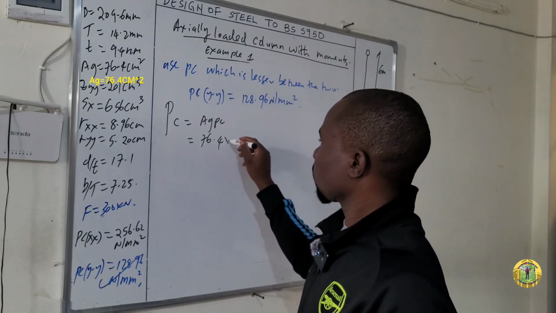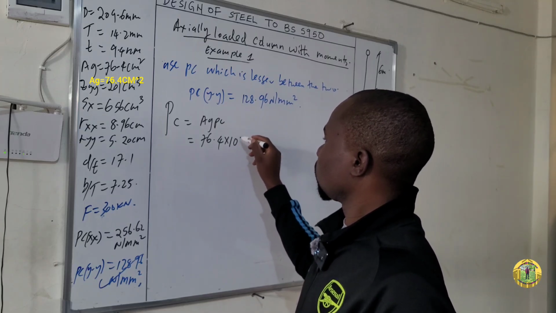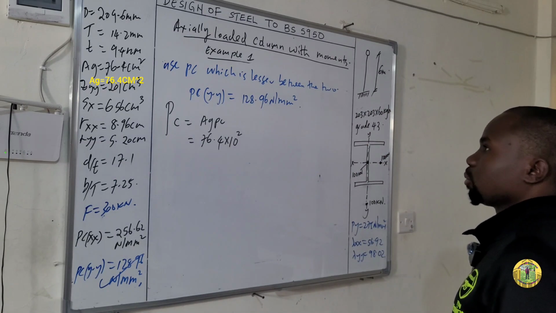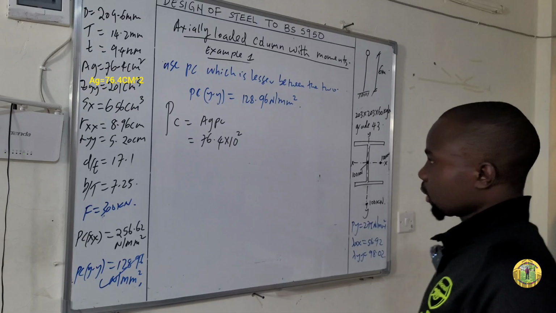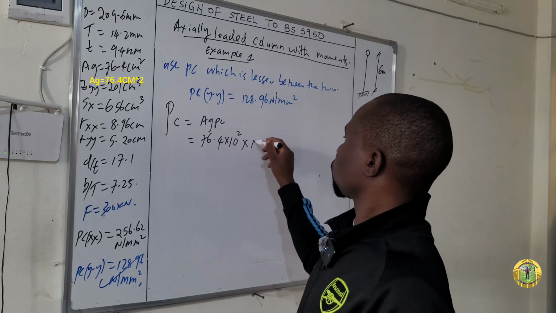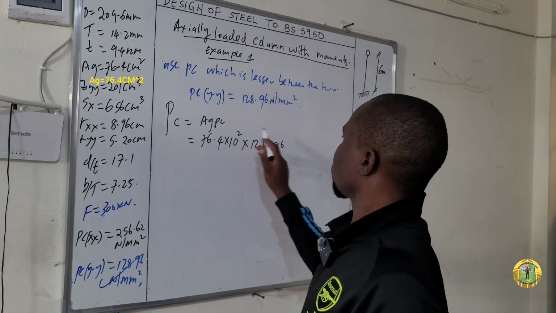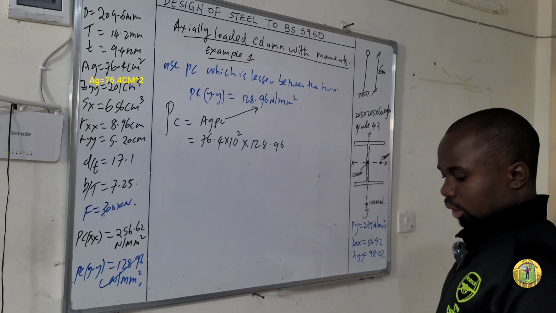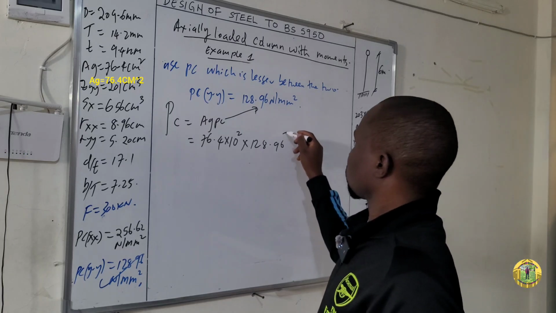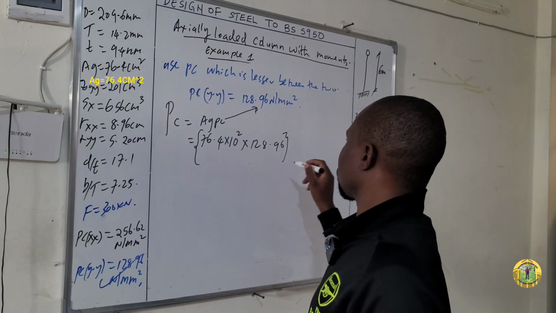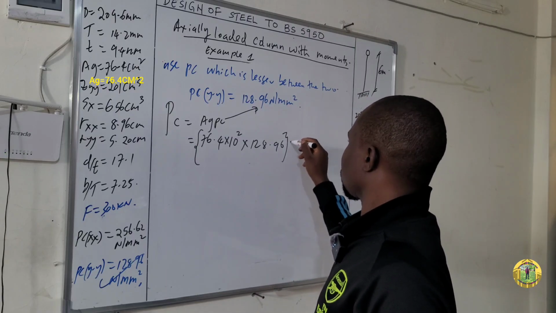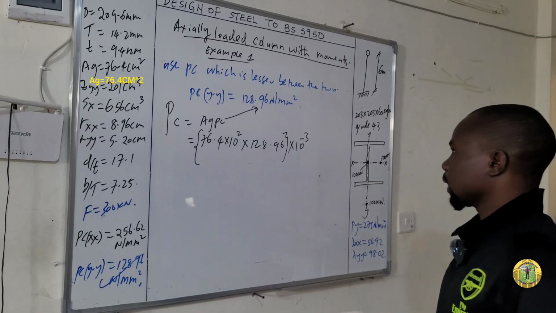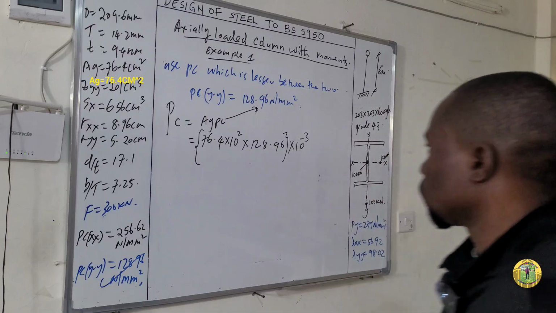So you will multiply by 10 to power of 2, changing it from centimeter square to millimeter square, times 128.96. So this is PC. And because our answer will be in kilonewton, you multiply by 10 to power of -3.